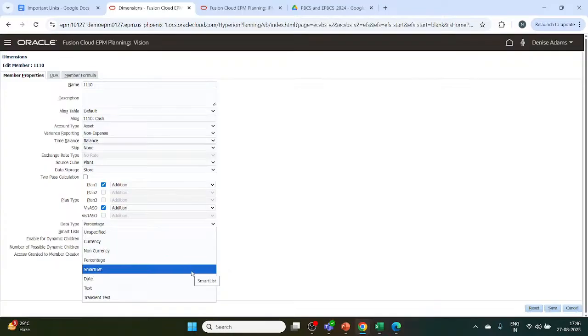Smart list, we will learn this in our upcoming session. What would be the smart list? We will not learn this thing today.